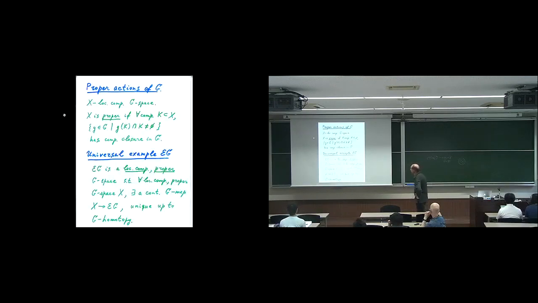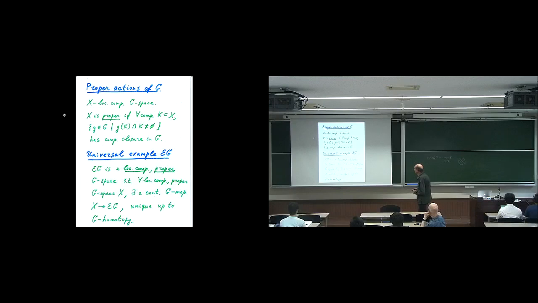Now, to go further, we need some topology, and we need the notion of proper actions. So if you have a locally compact space with the action of a locally compact group, then this is a proper space, or the action is proper, if you have this condition that each compact set is transformed to infinity by the group action.